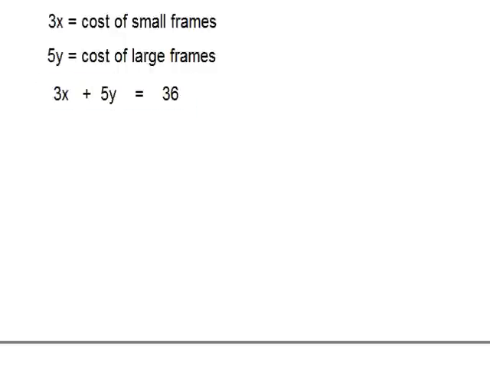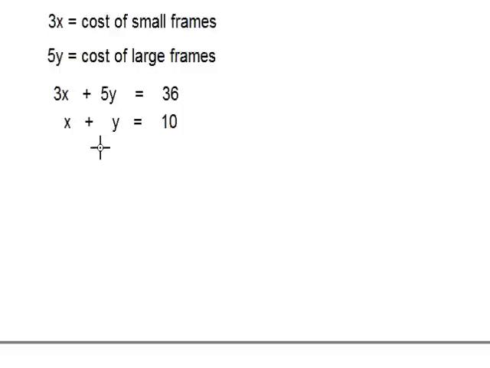Well, if I use X plus Y equals 10, along with 3X plus 5Y equals 36, they're 2 simultaneous equations, and I can solve this by using substitution or elimination, whichever method you use to solve simultaneous equations.